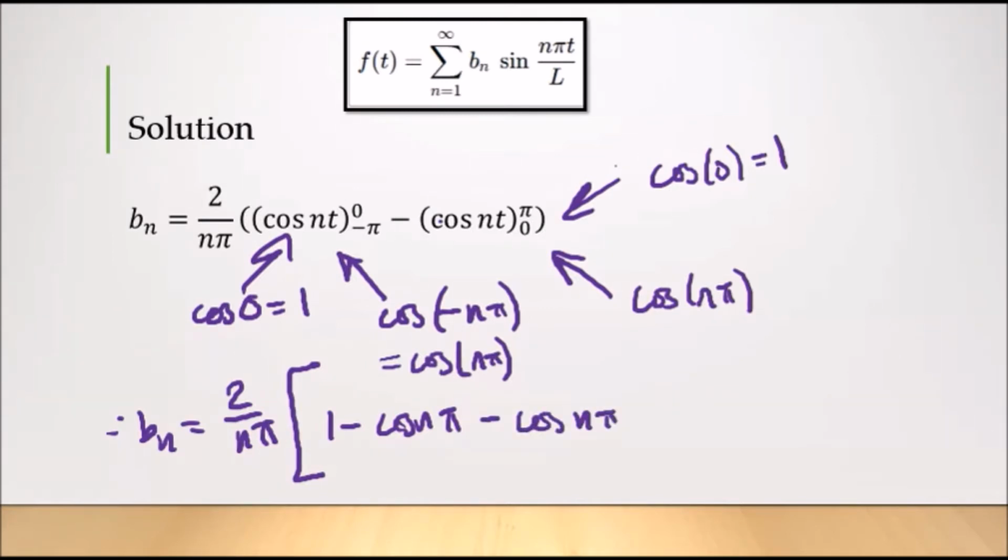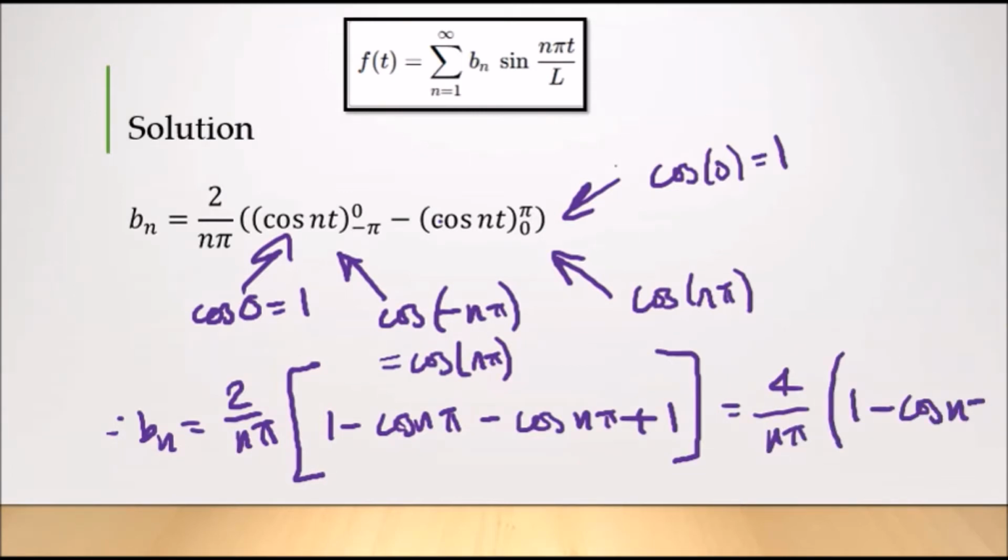Instead of minus, it will be plus 1. So our final solution is going to be 2 minus 2 cos n pi. If you refactorize this, you can pull out a 2, so you're left with 4 over n pi, and then 1 minus cos n pi.